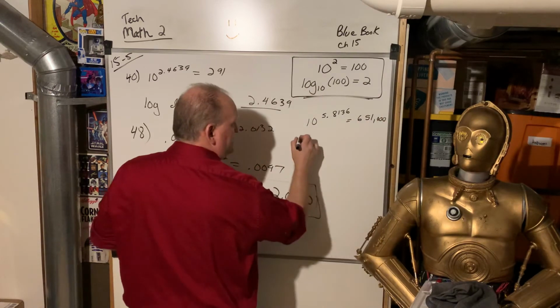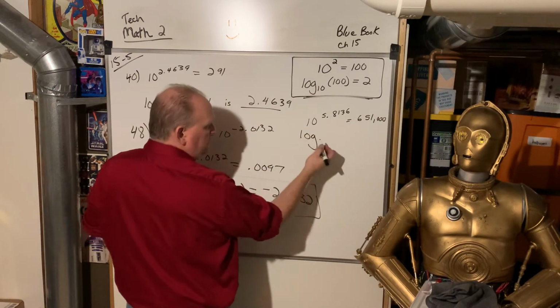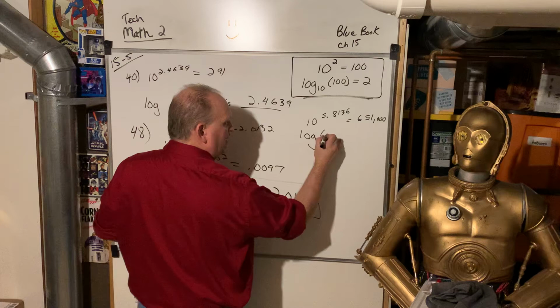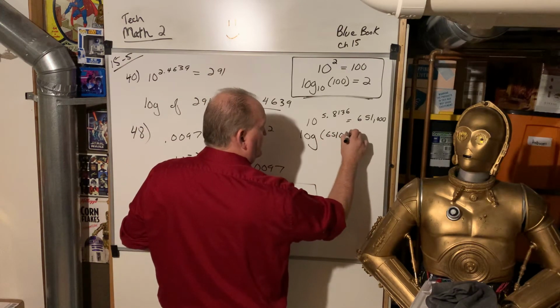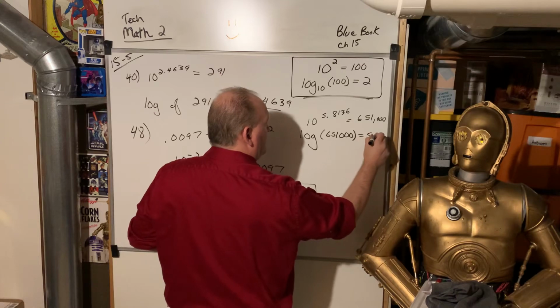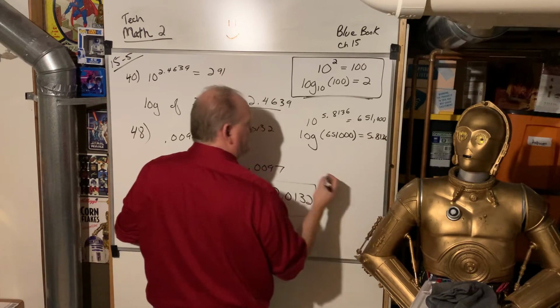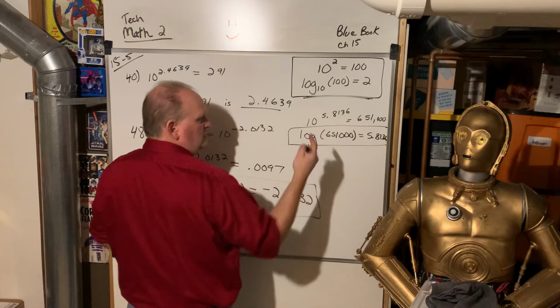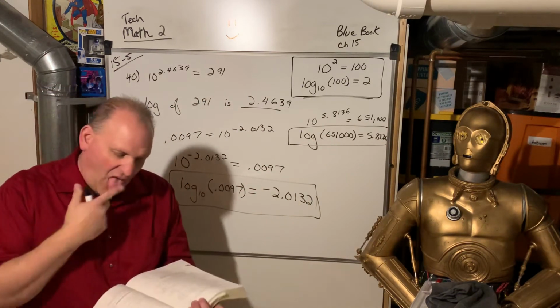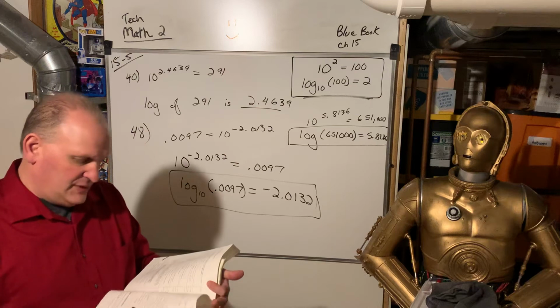So look, it's just log, we'll leave the 10 off this time, of 651,000 equals 5.8136. And we took it from an exponential to a log. Logs are just a fancy way of writing exponents, okay?